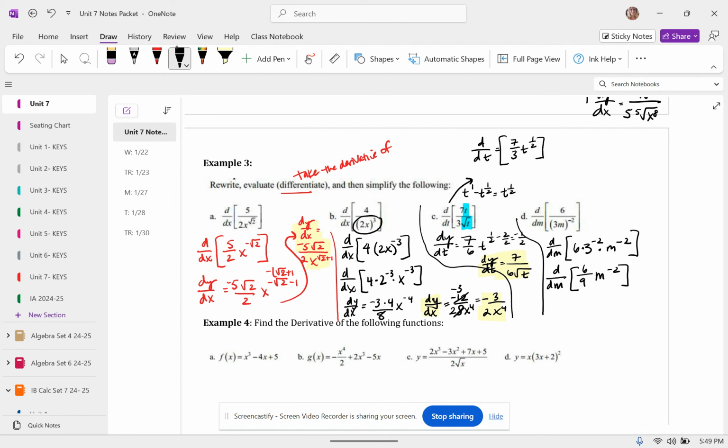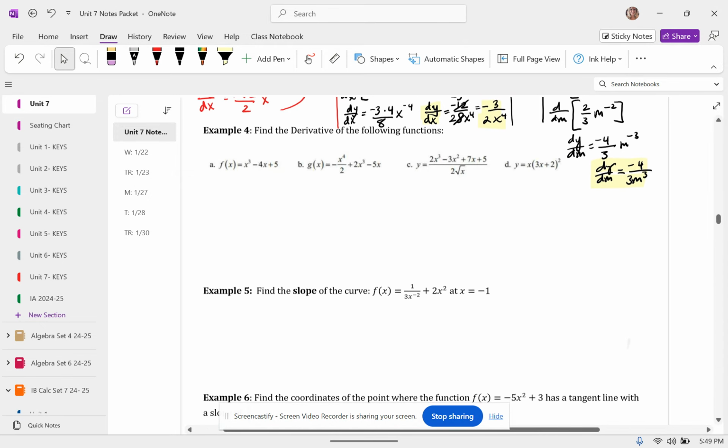Actually, this can reduce to 2/3. Now I'm going to take the derivative. Alright, so I got negative 4 over 3 m to the negative third. dy/dm is equal to negative 4 over 3 m cubed.